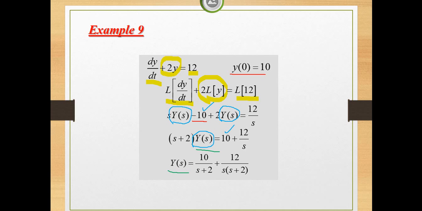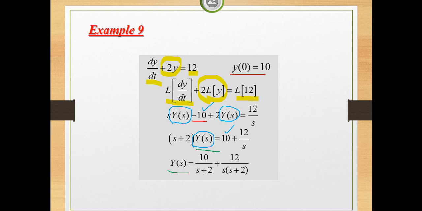In that same note, now you have already produced two fractions or rational expressions. This one is readily invertible because your 10 over s plus 2 would simply yield an exponential function. A 10 which you can simply set aside and you place 1 in the numerator. But for the second term, this is where you're going to apply the method of partial fractions because you now have two linear factors, the s and the quantity s plus 2.